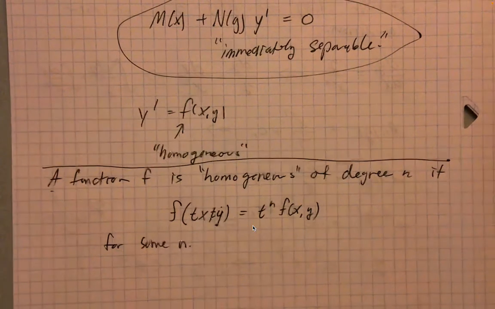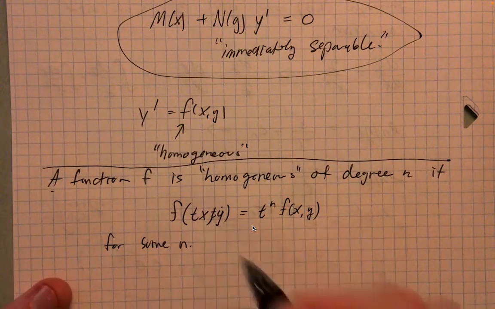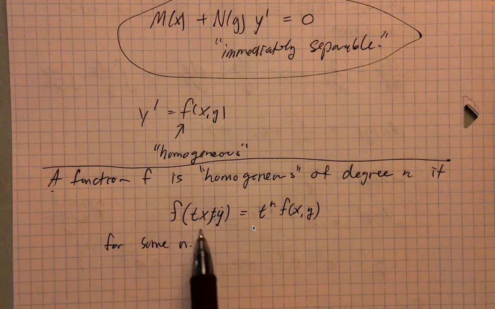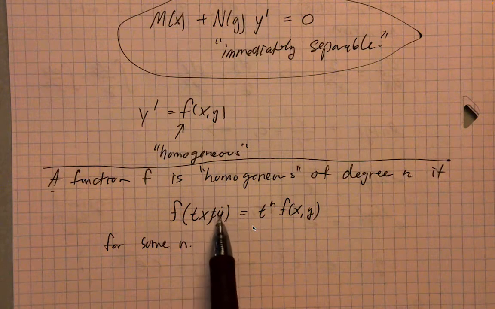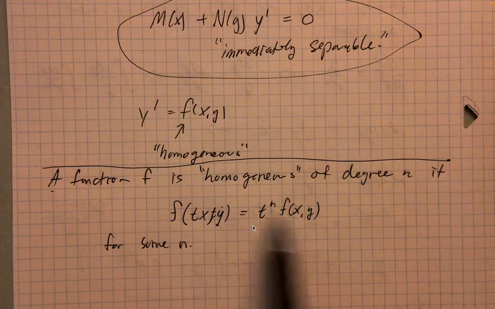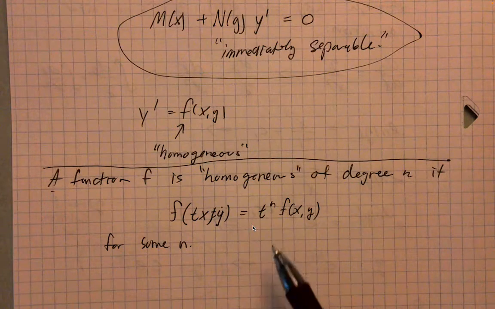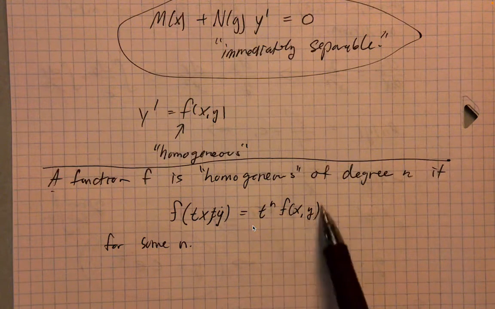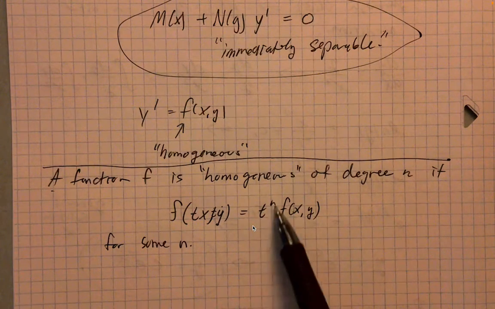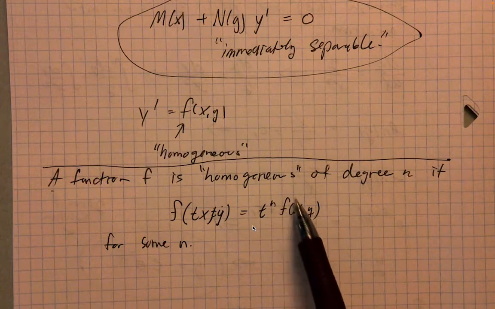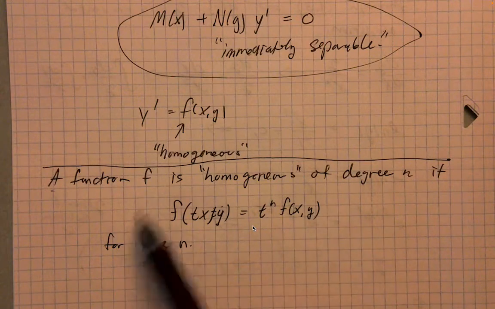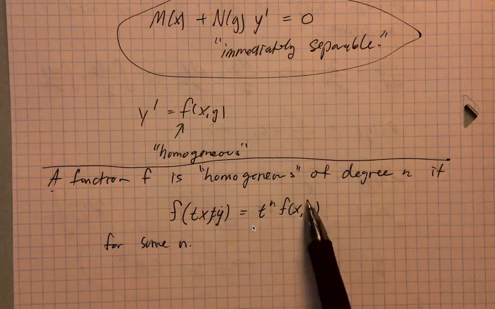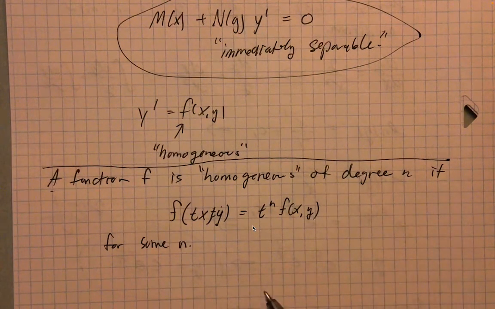Okay. So what does this mean? Well, it means if I take the function and I plug in tx instead of x, and I plug in ty instead of y, then I ought to be able to factor all of the t's back out of the function and get this expression, t raised to some power times f of x, y. Okay? So this is the definition of a homogeneous function of degree n.